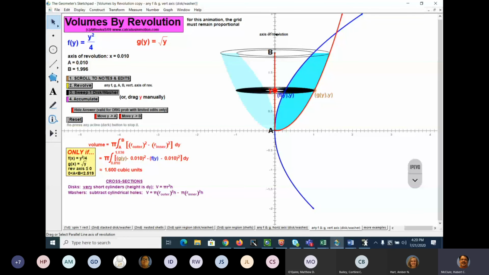Let me move it. You should be able to click and drag. There's y, 2 right there. So you can see it's approaching 5 when it gets up that high. I'm off a little bit down here also. That's a good question.